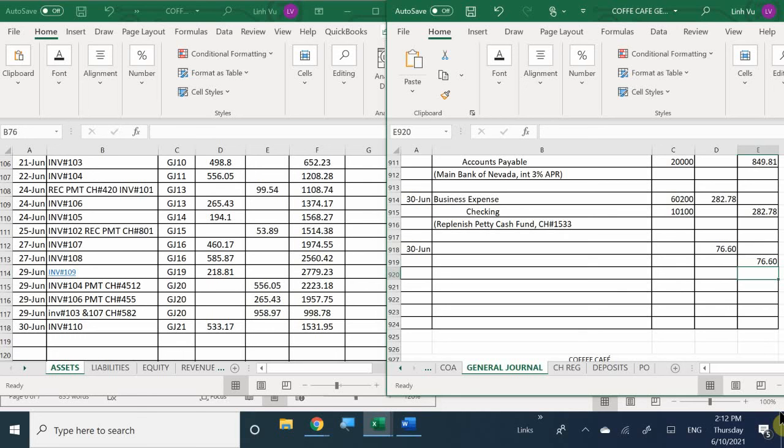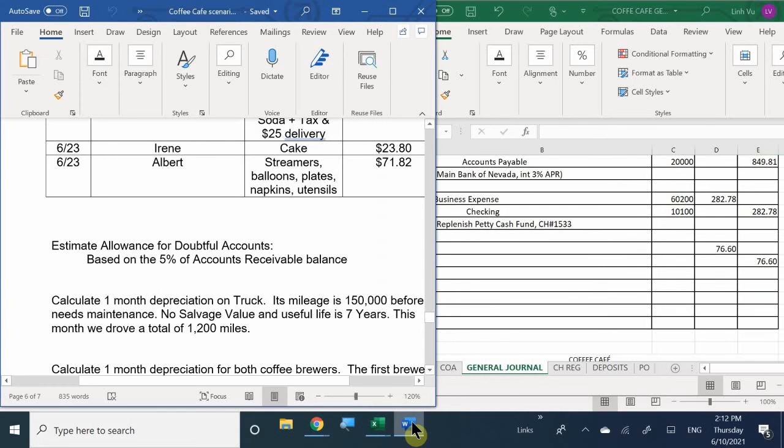And how am I going to journalize that? Allowance for doubtful accounts. Okay, is that a credit or a debit balance?